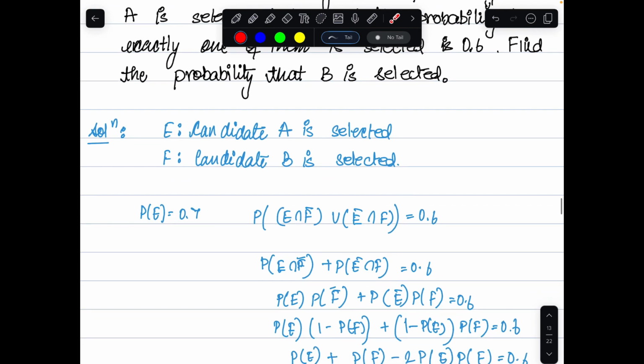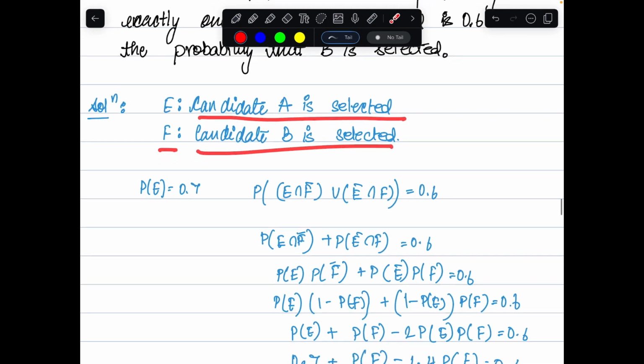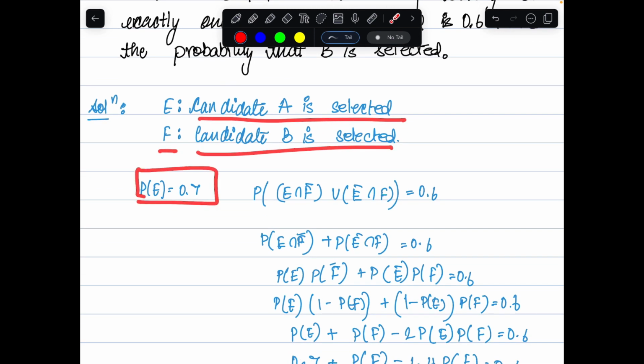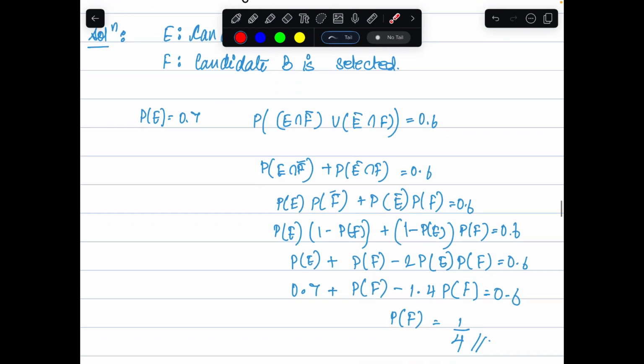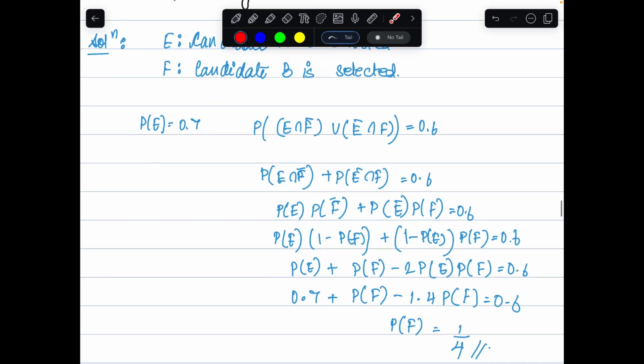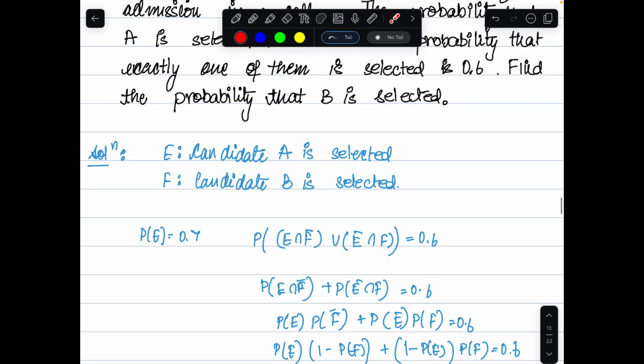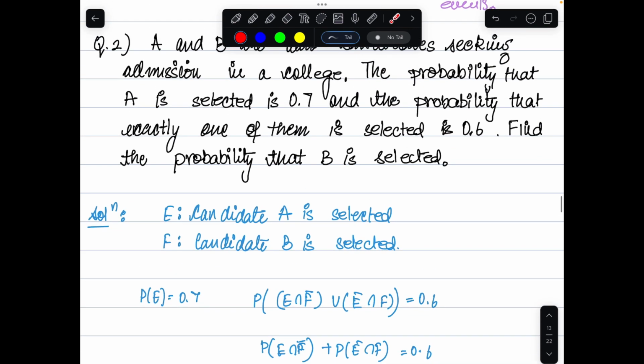Now let's see. Let E be the event, candidate A is selected, and F be the event, candidate B is selected. So P of E, the probability of getting A admitted, is this. Now what I'm trying to do is I need to find P of F, the probability of getting B selected. So how I am proceeding is, first of all I am converting this sentence.